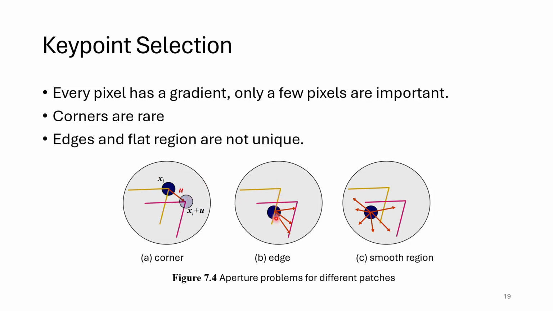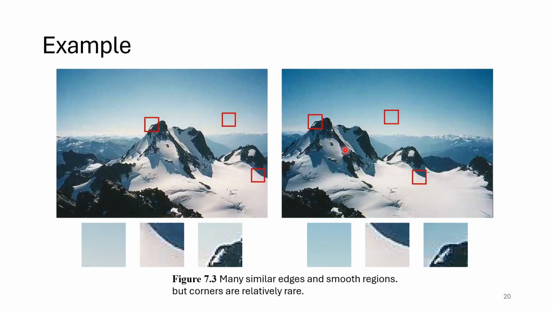However, if there is an edge, then there are usually many pixels with the same shape along the edge. Even worse, in a smooth region, there are many similar pixels. Let's see an example. The left image and the right picture are highly similar. They are just taken with a shift of orientation.